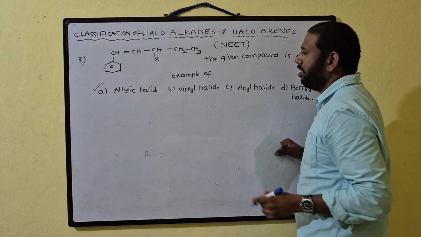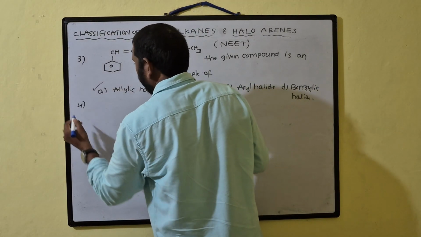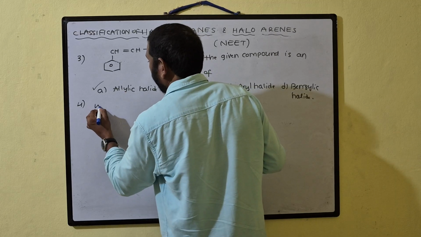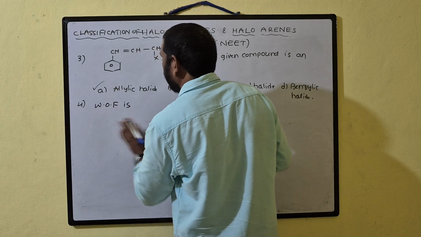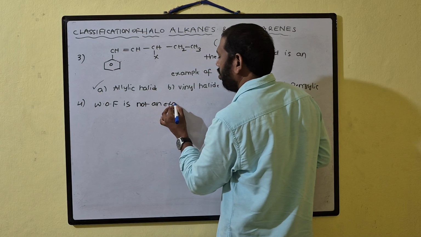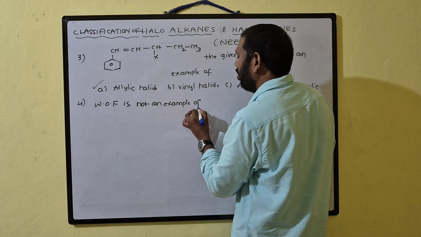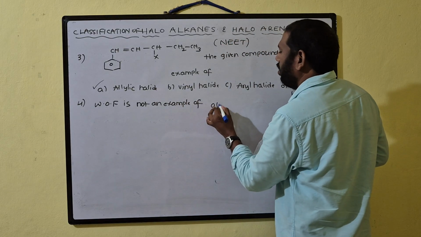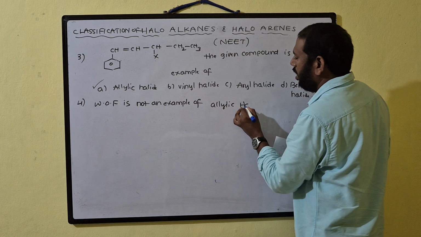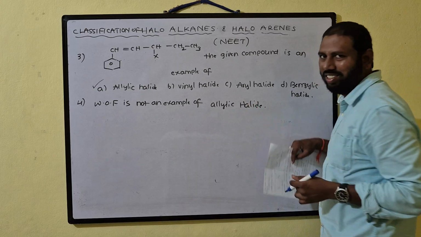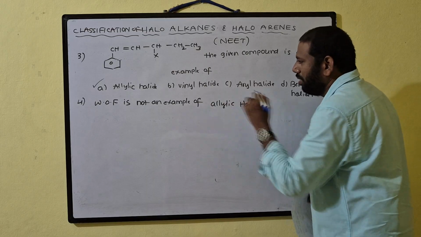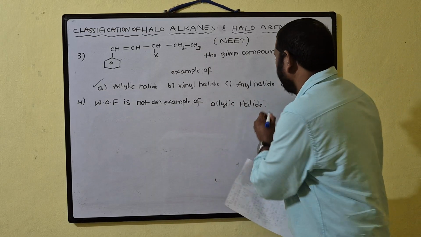Now coming to the fourth question. Which of the following is not an example of allylic halide? Allylic halide is a very important concept, so questions about allylic halides are frequently asked.